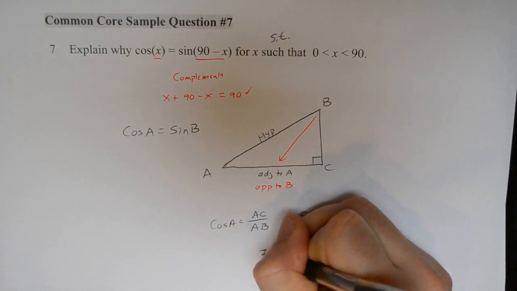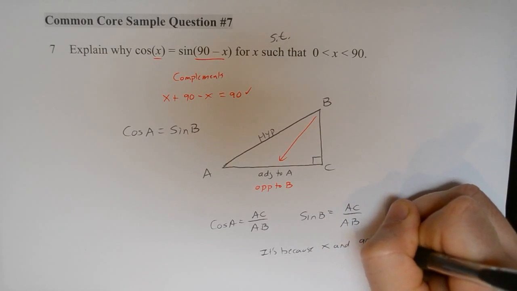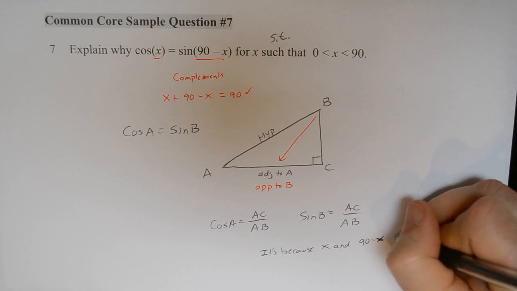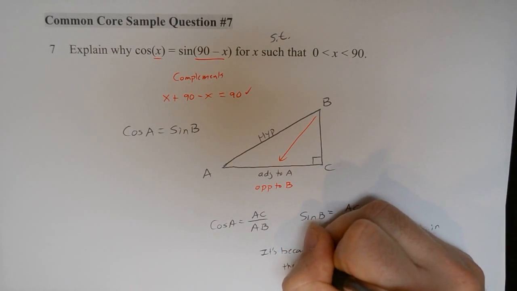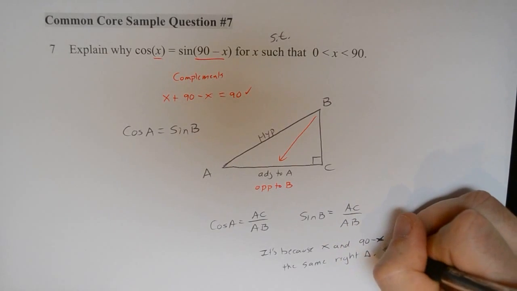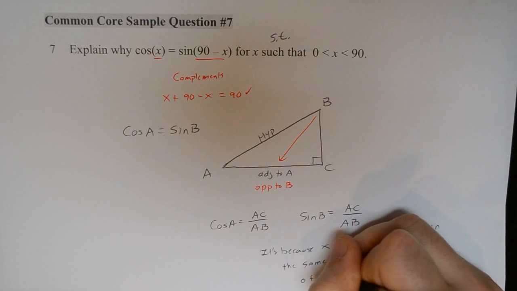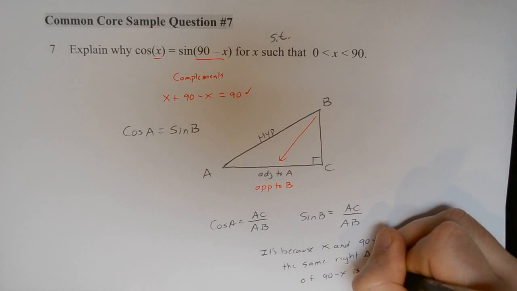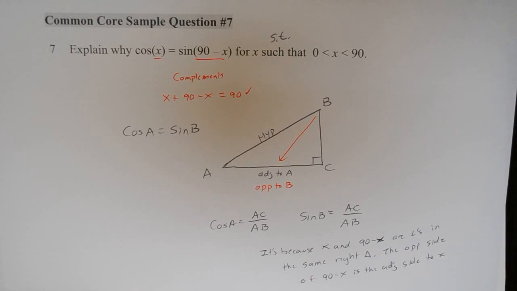It's because x and 90 minus x are angles in the same right triangle. And the opposite side of 90 minus x is the adjacent side to x.